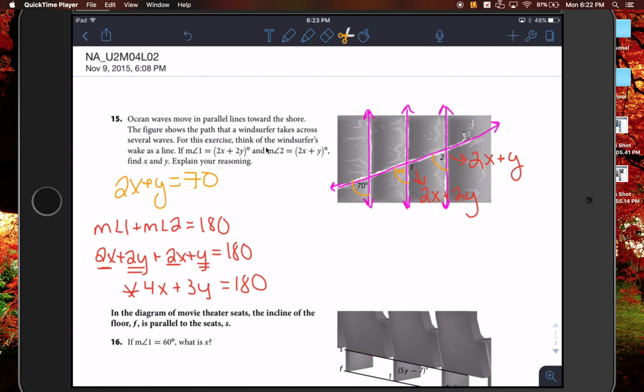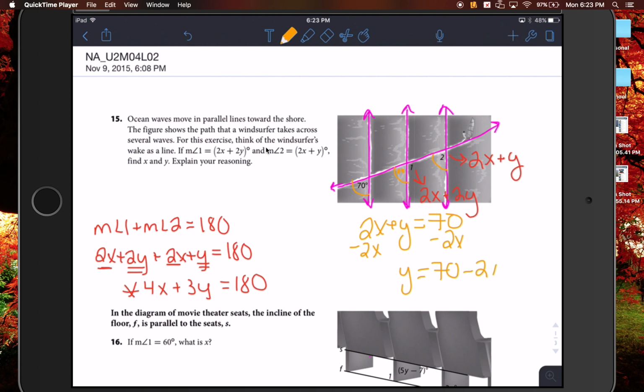Let me just move this real quick. I'll solve for y here. To solve for y, I'm going to subtract 2x from both sides because I want y alone. So I'm left with y equals 70 minus 2x. Now I'm going to sub this back into this equation.